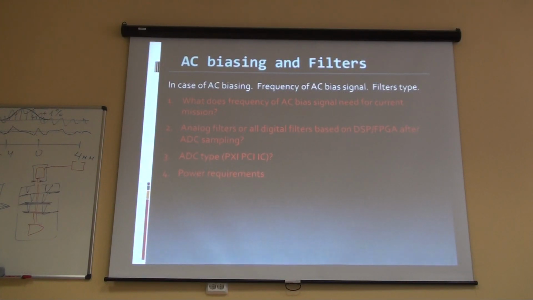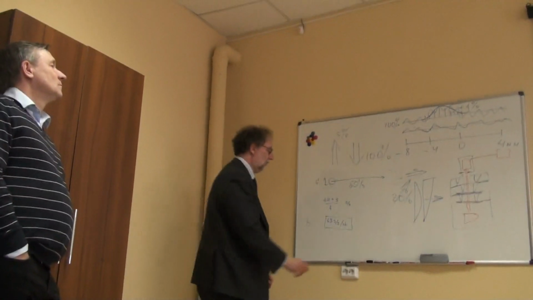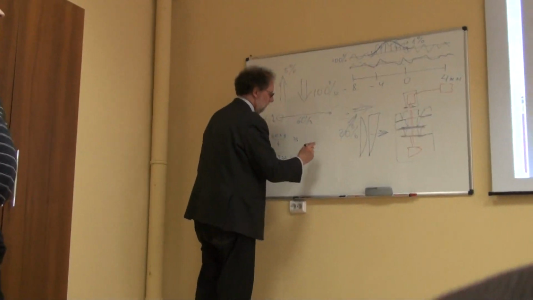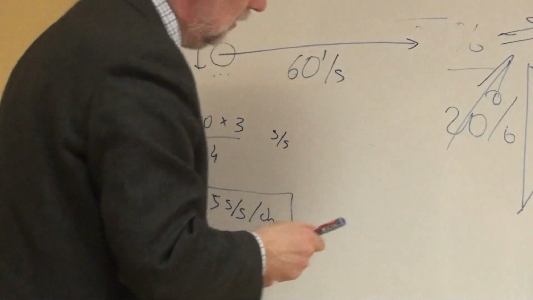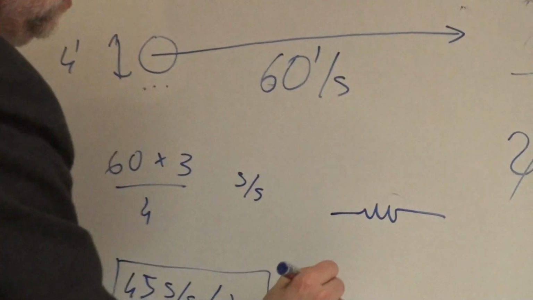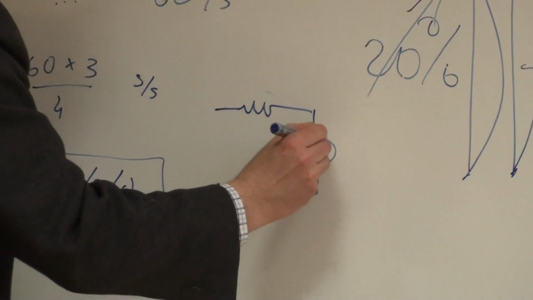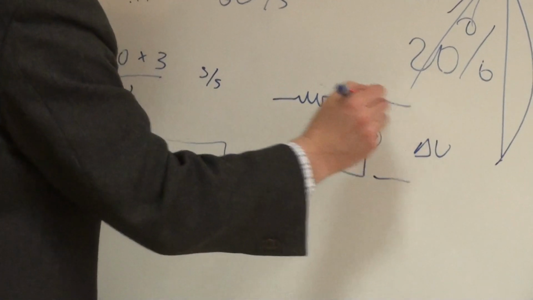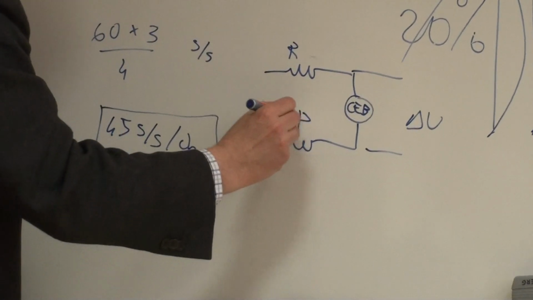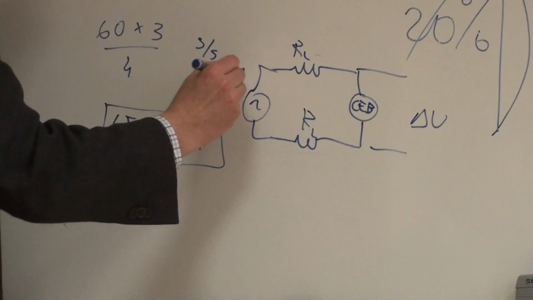Now, one problem with this is the capacitance of the wiring. Because we have, as I understand, a schematic like this. We measure delta V, and we have these two load resistors, and we supply the AC bias.